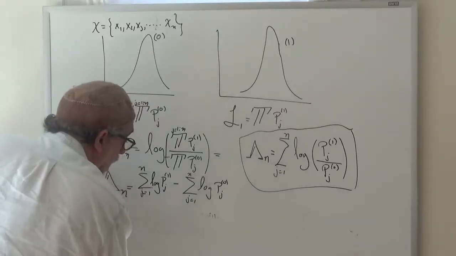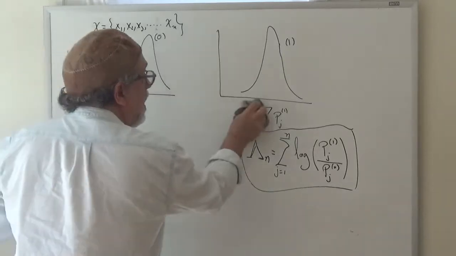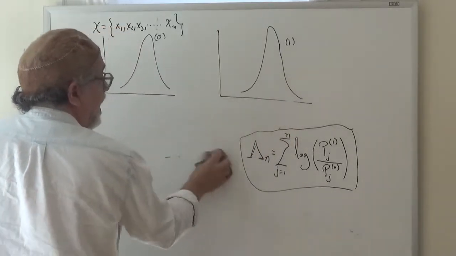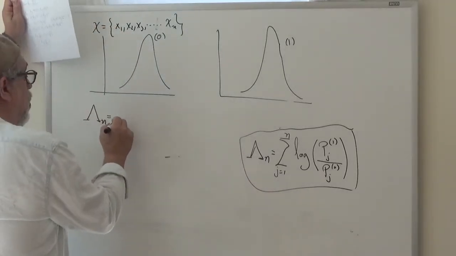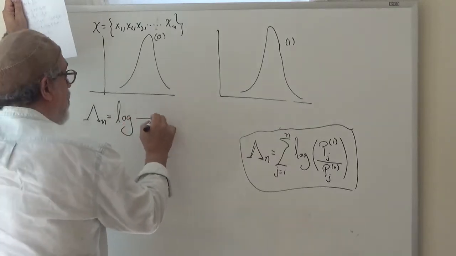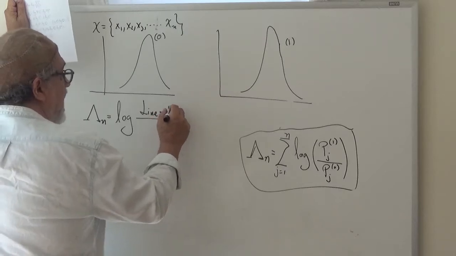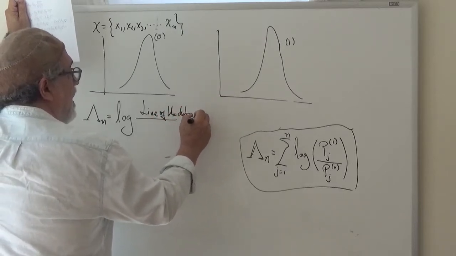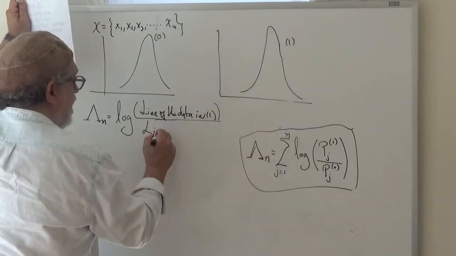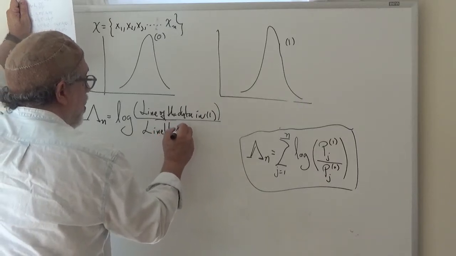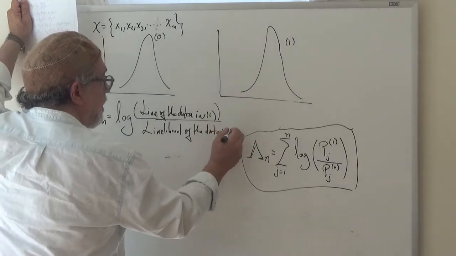So apart from this derivation, which you already have, what is important to say is that lambda n is equal to the log of the ratio of the likelihood of the data in 1 divided by the likelihood of the data in 0.